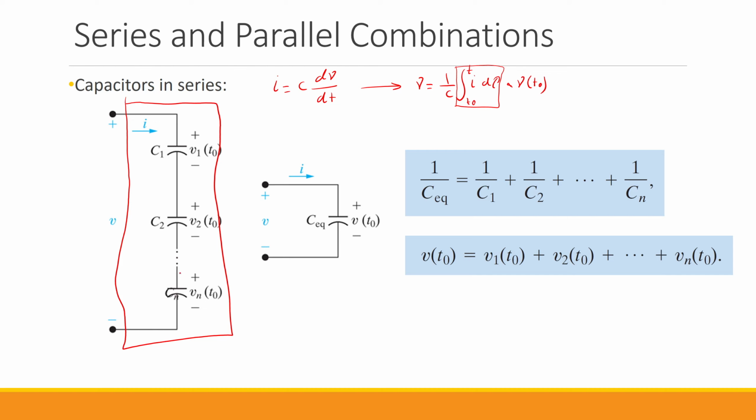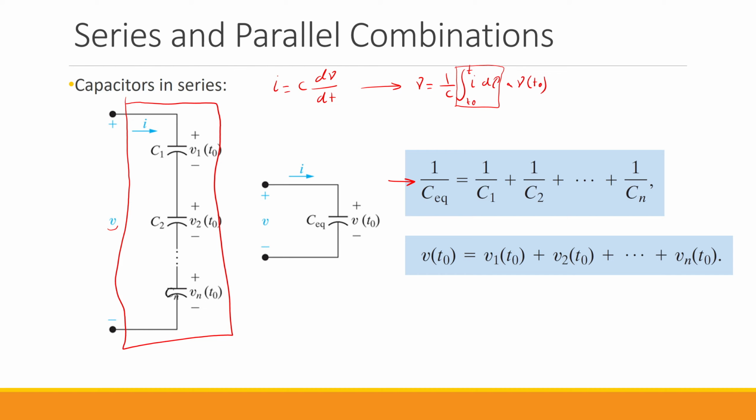When we write down the equation for the combination and put it next to the general equation, we see that the equivalent capacitance is given by 1 over C_EQ equals 1 over C1 plus 1 over C2 all the way to 1 over Cn.